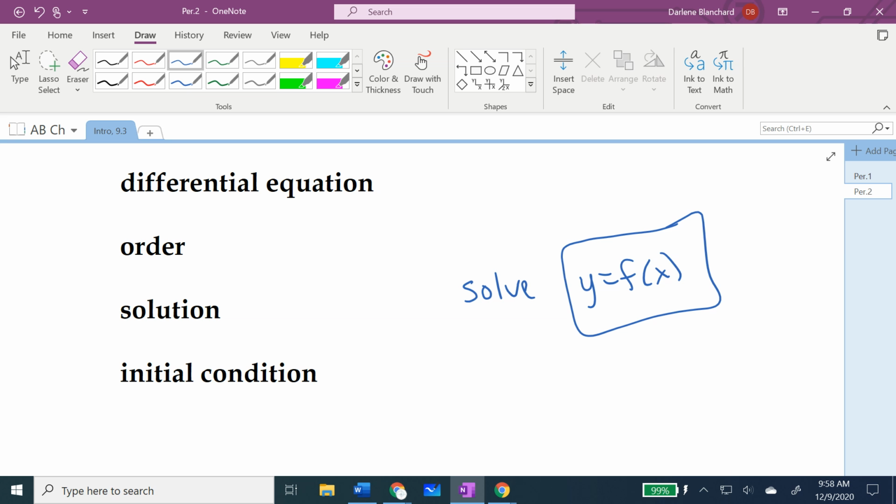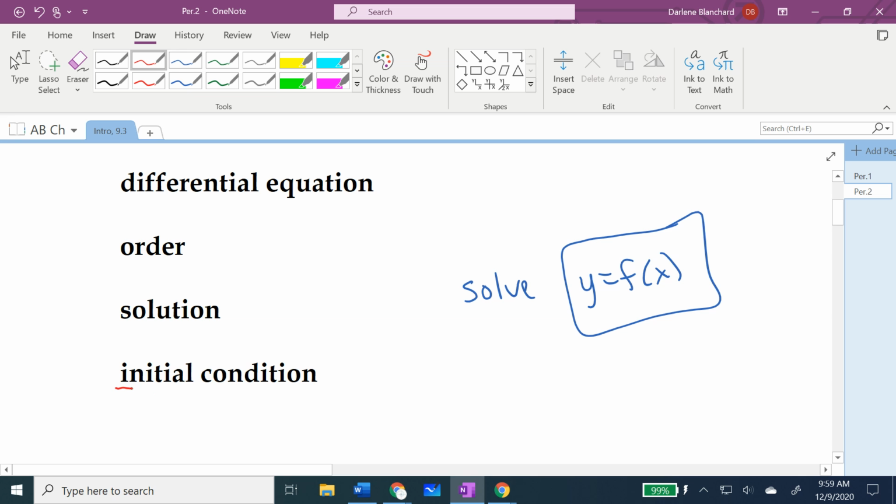Okay, initial condition. Basically, you know how when you integrate, you get a plus c, an unknown constant. An initial condition is a known point on the solution equation that allows you to know what that specific plus c is. So the plus c that you get due to integration can be found if you have an initial condition.